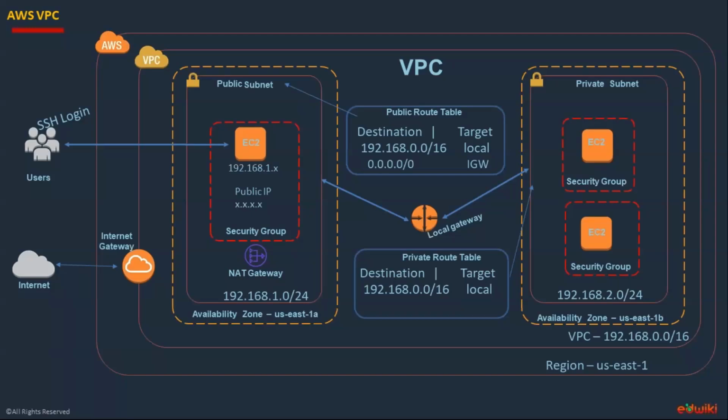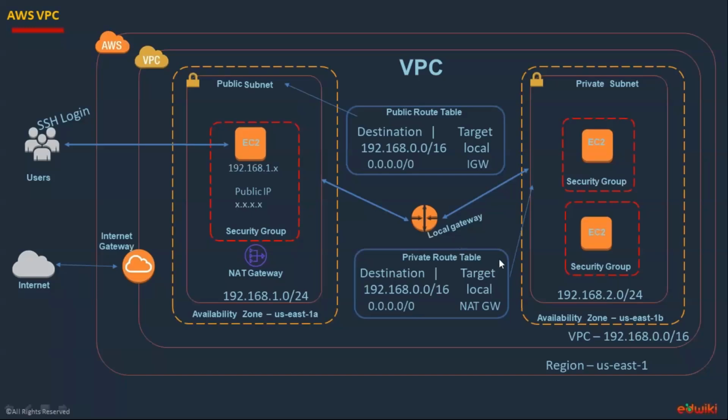So now if you closely observe, in the private route table I am updating one more entry saying that the default gateway should be a NAT gateway. Now you see how it works. Whenever the private EC2 server wants to connect to the internet, it will look into the route table.